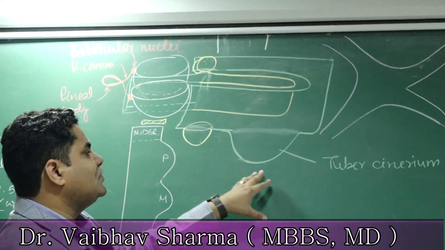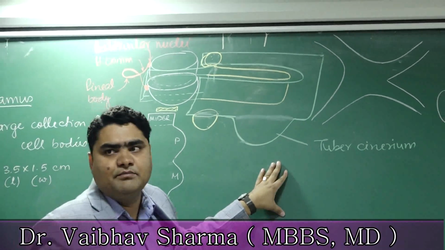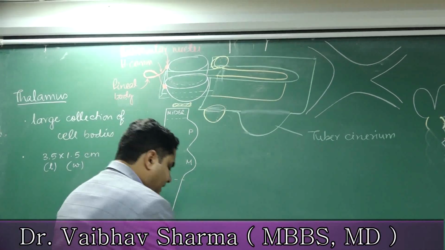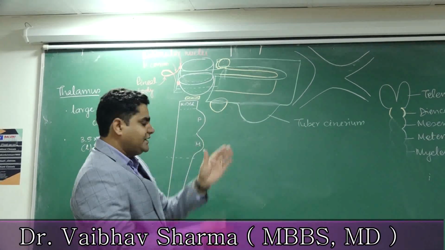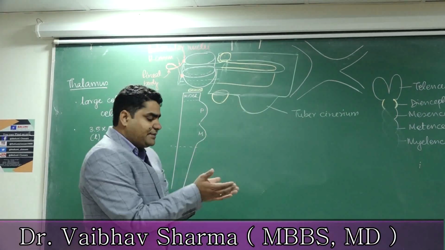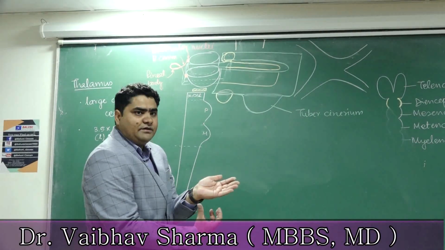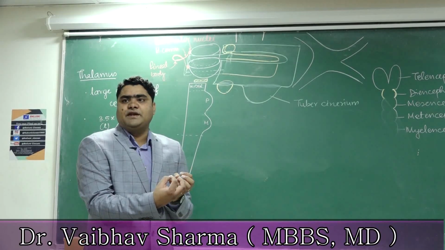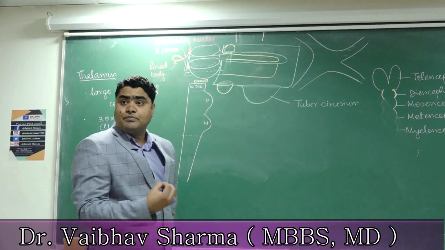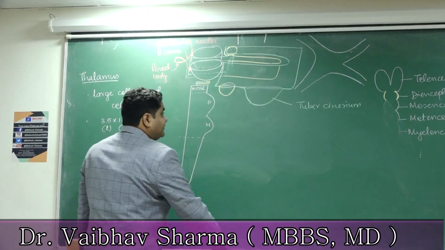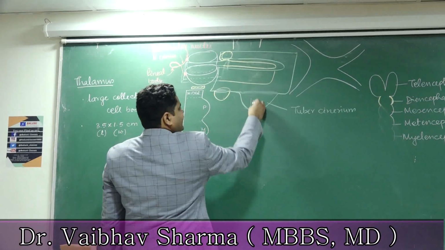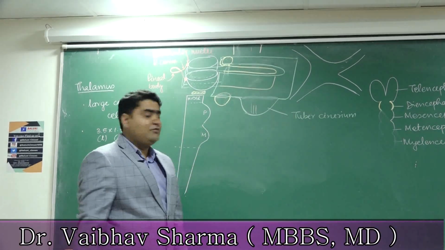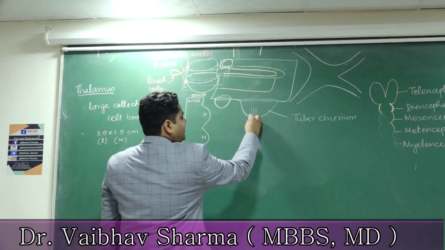So, this midline swelling is called as tuber cinereum, and the 2 swellings which are present on the lateral sides, means right and left, they are called as mammillary bodies. Clear?